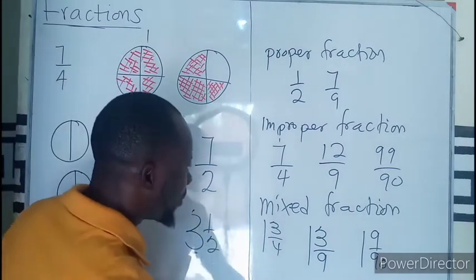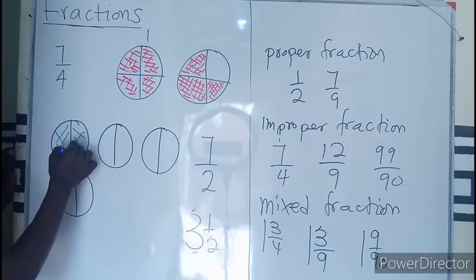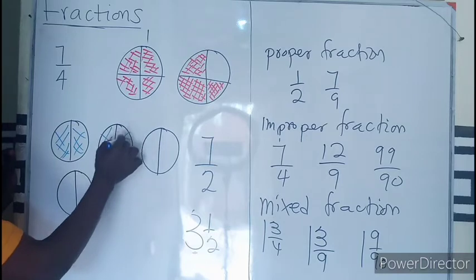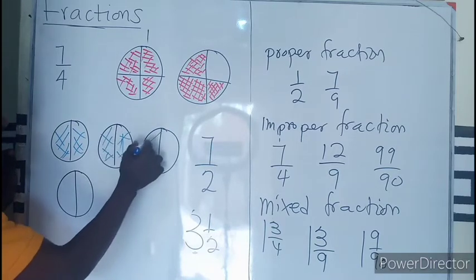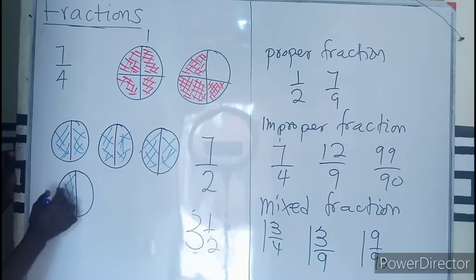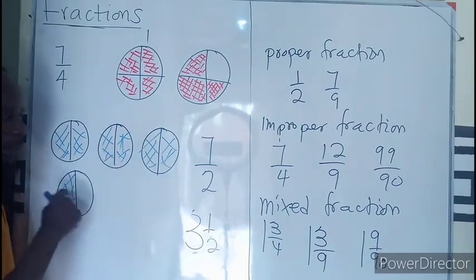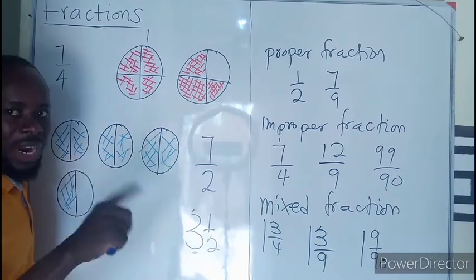So per my choice, I'll be having 1, 2, 3, 4, 6, 7. We are picking 7 parts, isn't it? And each of the parts is half, 1/2.